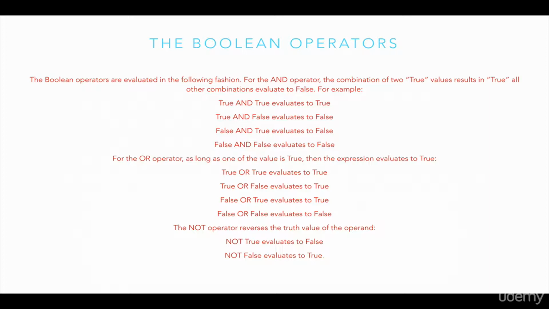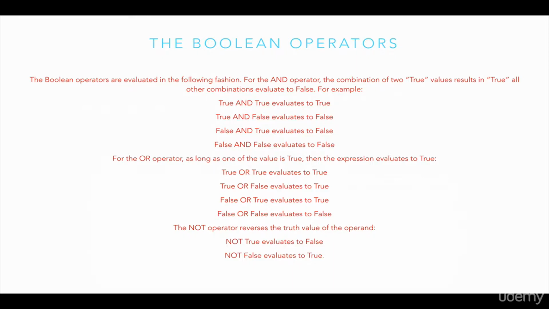And let's see some examples about the OR operator. For the OR operator, as long as one of the values is true, this is very important, as long as one of the values is true, then the expression evaluates to true. The entire statement evaluates to true, okay? True or true evaluates to true. True or false evaluates to true.